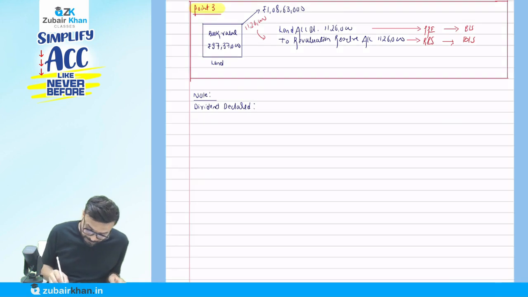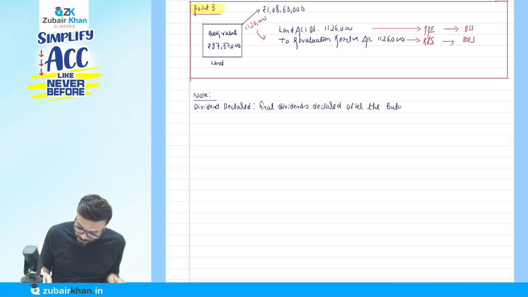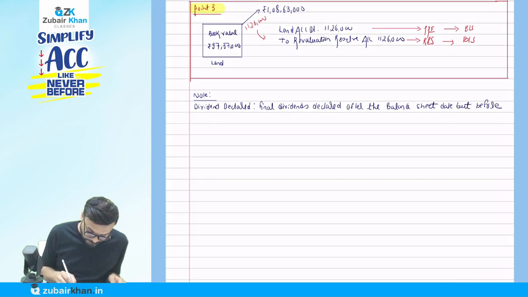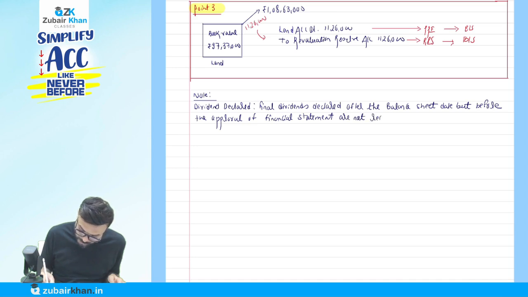Final dividend declared after the balance sheet date but before the approval of financial statements are not recognized on the balance sheet.